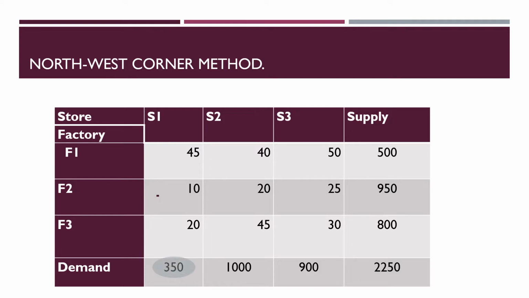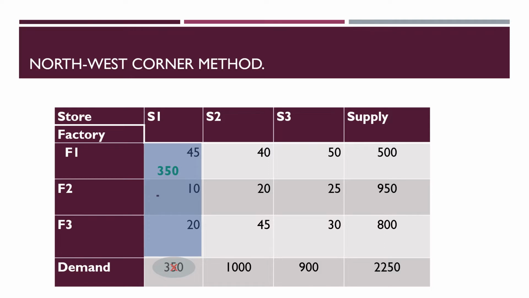When we allocate 350 units to F1 S1, then all the demand is satisfied for the S1 store. Therefore, no need to supply from any other factory. Therefore, I will hide this S1 column.